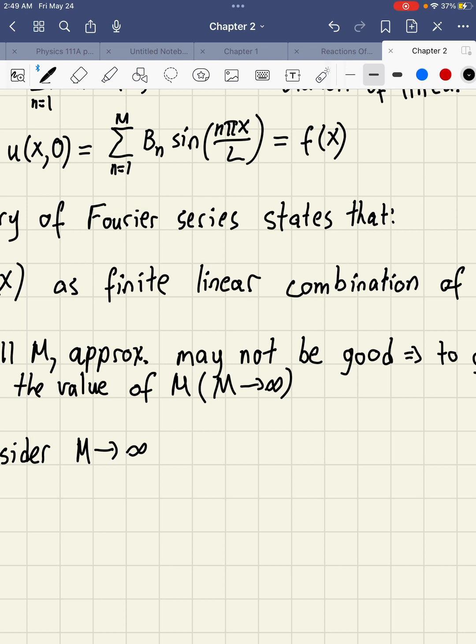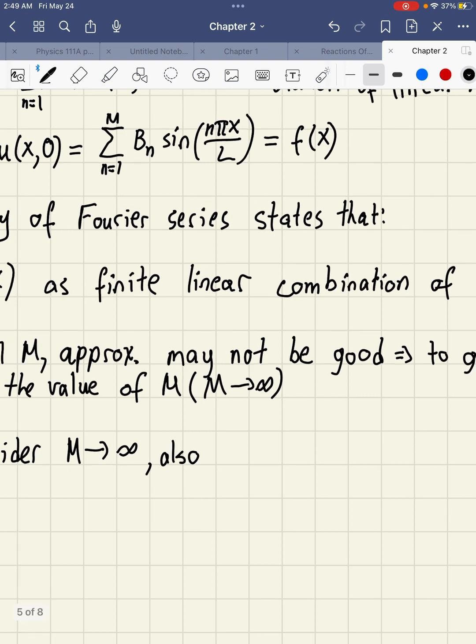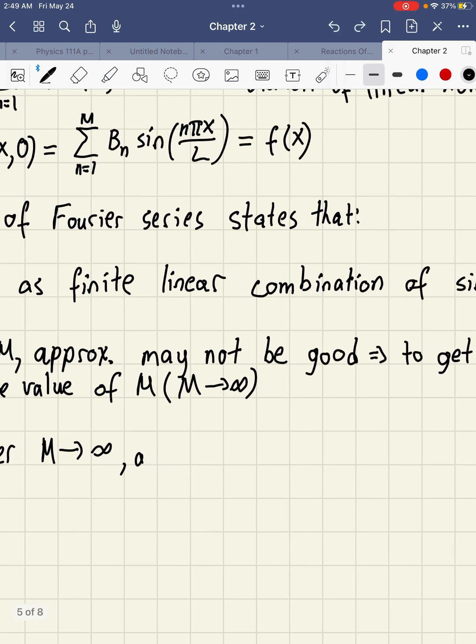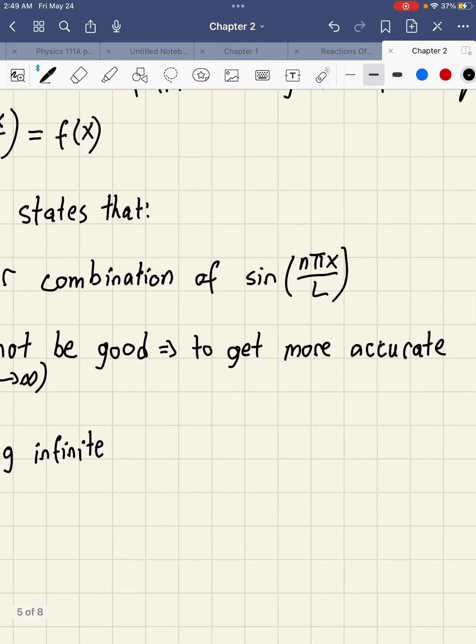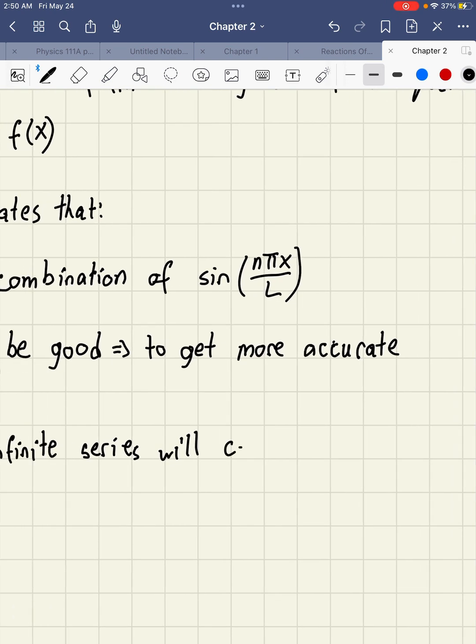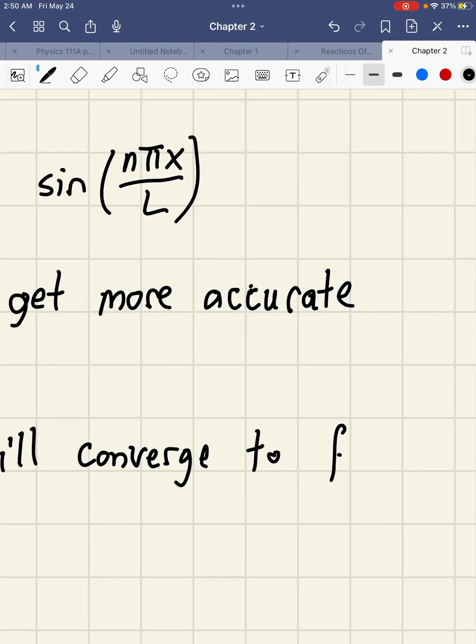Not only is it the best approximation, but the resulting infinite series will converge to f of x.